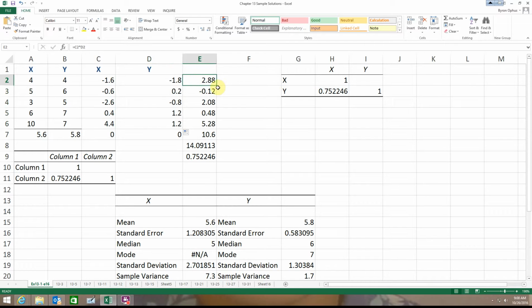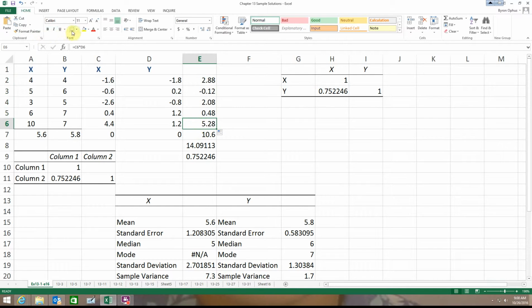And then again, according to that formula in 433, it's those multiplied together, right? X minus the mean of X, Y minus the mean of Y, then we multiply those together, so simply equal to this one times this one. Okay, and then we can also just drag down, right?